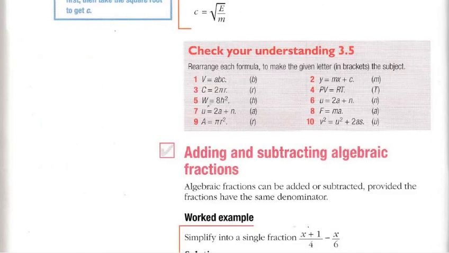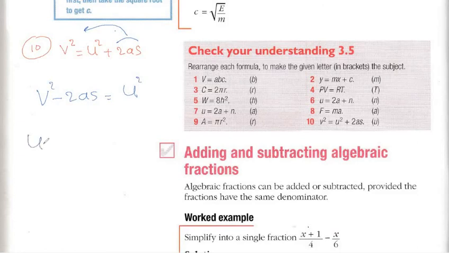The last one, 10. v squared equals u squared plus 2as. Now make u the subject. To make u the subject, first take this term to the other side. So v squared minus 2as equals u squared.